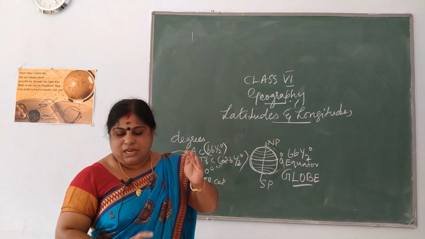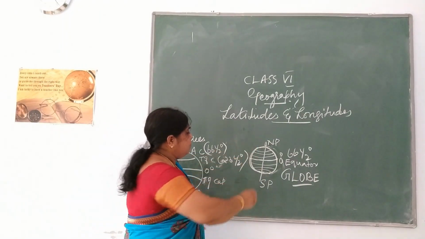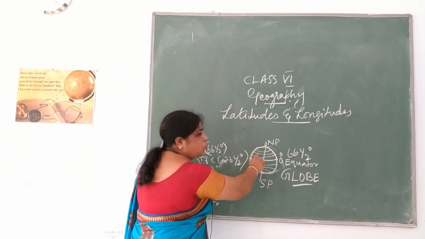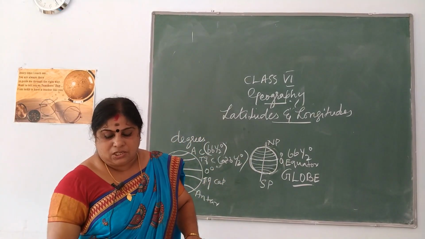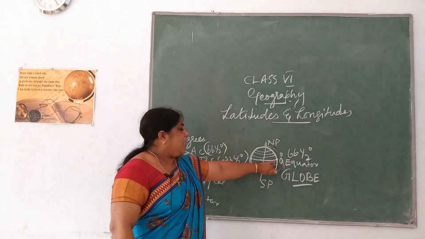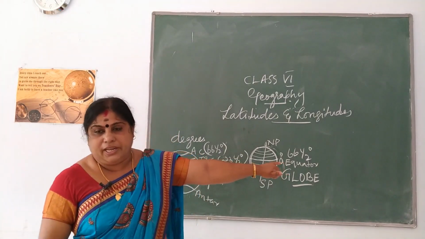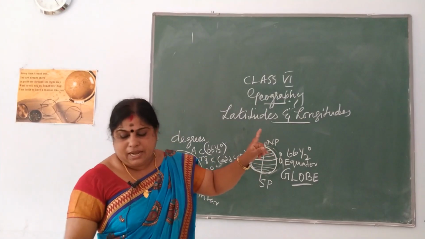All these lines never meet each other. They are always equidistant, which means the distance between two parallels of latitude is always the same. And the first parallel is the equator, which is the 0 degree latitude.